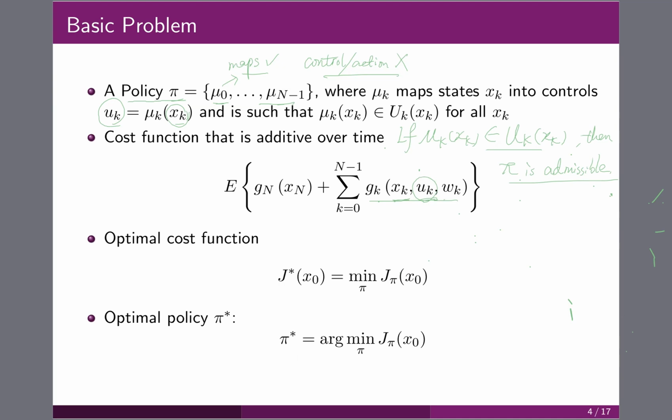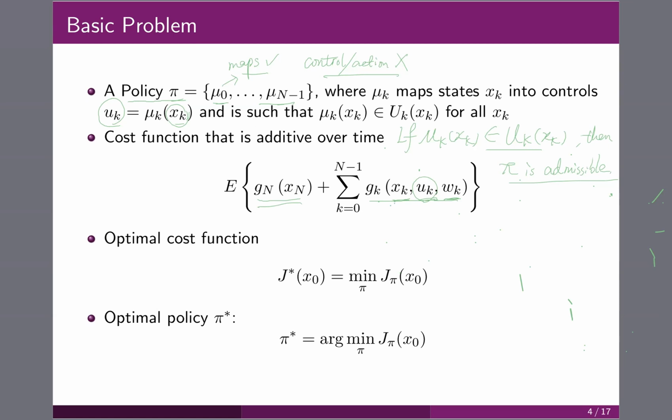At the same time, this cost may be a random variable, so it's a function of omega k. This is all the cost from k equal to 0 to capital N minus 1. And at the last time, we also assume we have a terminal cost function. Because we cannot apply control any longer, this function is only a function of the state. We assume this is a deterministic one.